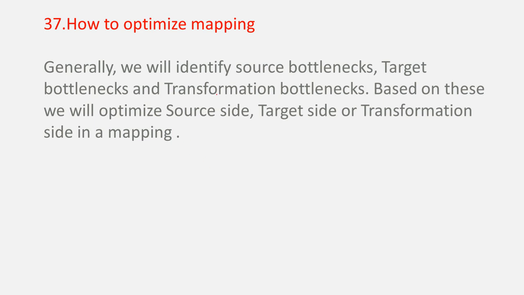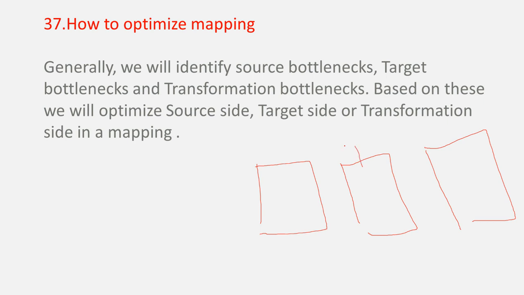How to optimize a mapping? Generally, we will identify source bottlenecks. We have a source and a target, and in between we have transformations. Our ETL is like this: source, transform, target. This is called a mapping. We may have source bottlenecks, target bottlenecks, and transformation bottlenecks also.